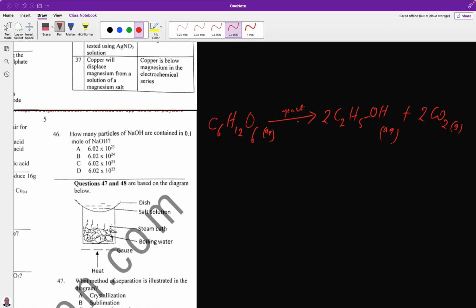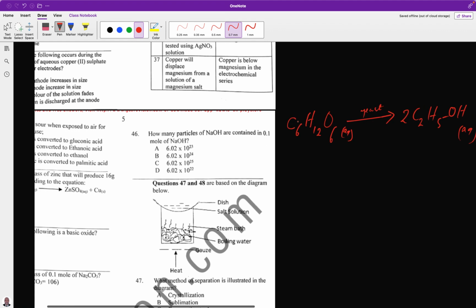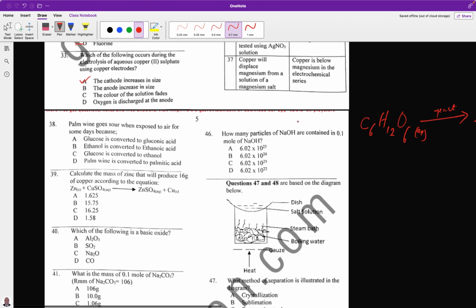And if you have lime water, you can test the gas being released, whether it is carbon dioxide. So we go back to our answer column, and our answer is C, glucose is converted to ethanol.